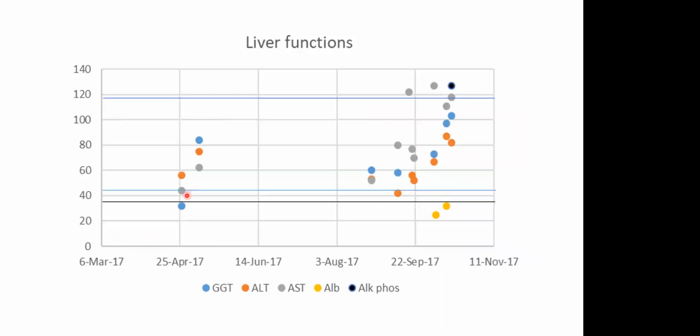Liver functions, well, the enzymes, or some of the enzymes, the ones that were reported were gamma GT, ALT, AST, were moderately raised, went up towards the end. Alk-Phos was only tested once, was a bit above the limit, and albumin was also rather low right at the end.